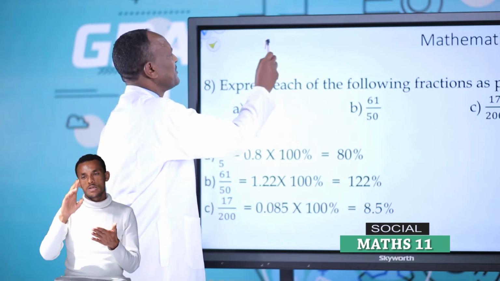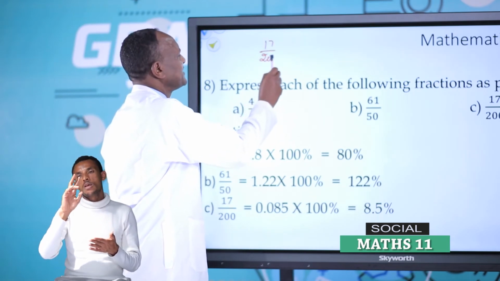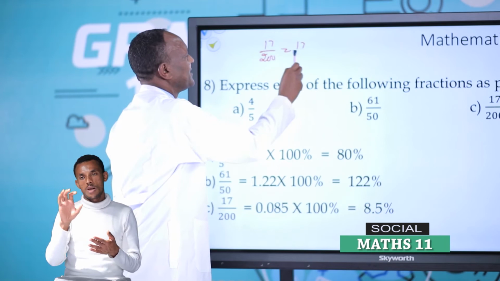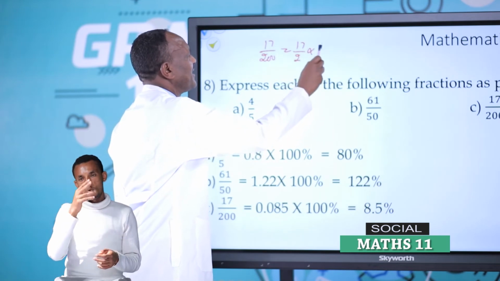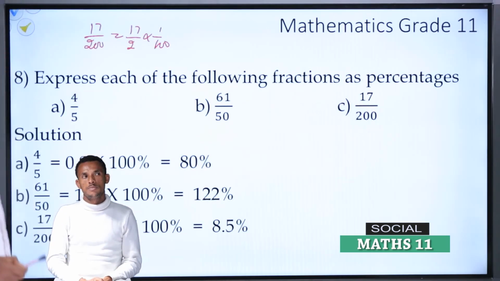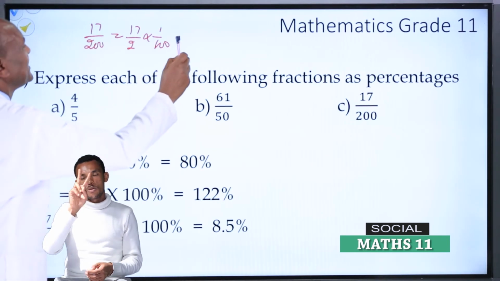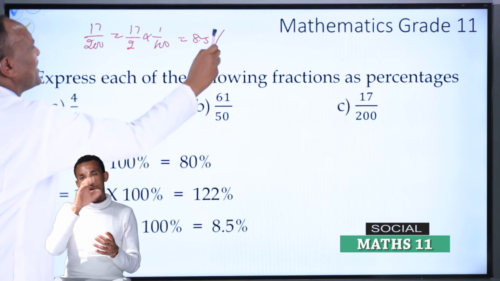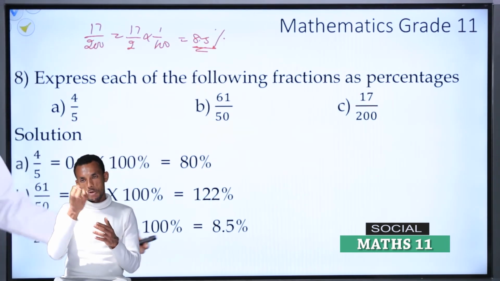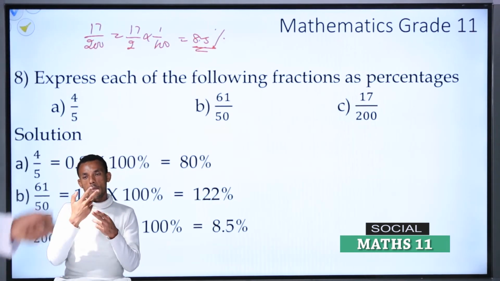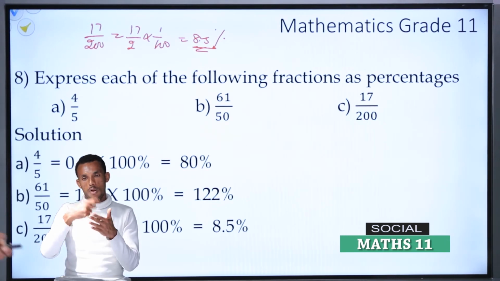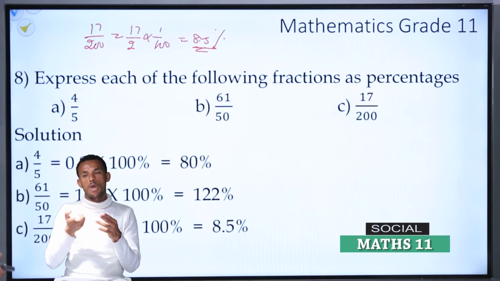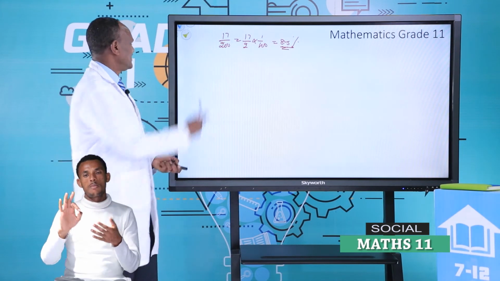Or else, this could be written that 17 over 200 is equal to 17 over 2 multiplied by 1 over 100. So 17 over 2 is 8.5. 1 over 100 is equal to percent. So you will have the same result. So when a number is multiplied by 100%, you will get a value. That value we call the percentage of a given number.